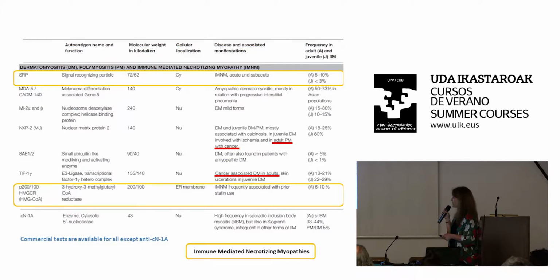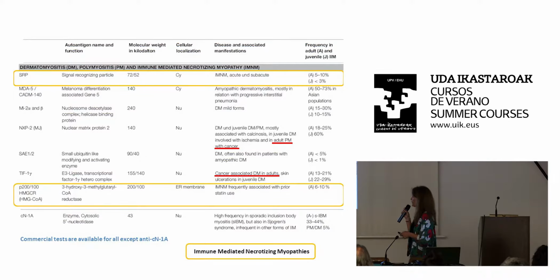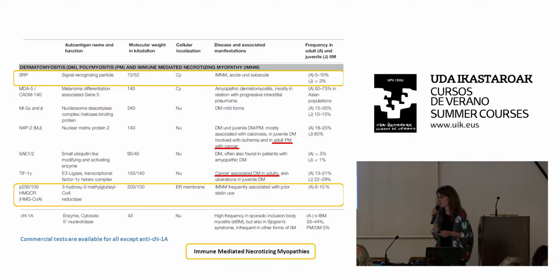Of interest, here are autoantibodies that are associated with dermatomyositis, and two of them are very important because they are strongly associated with cancer in the adult population, that are the anti-NXP2 autoantibody, but also the anti-TIF1 gamma autoantibody, that are forms of dermatomyositis strongly associated with cancer in adult patients.